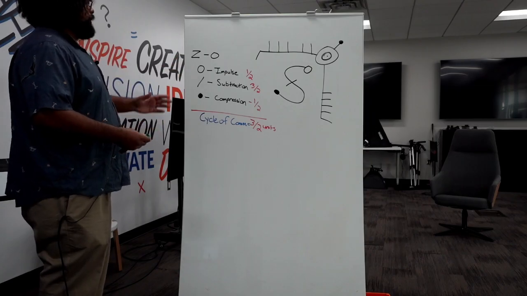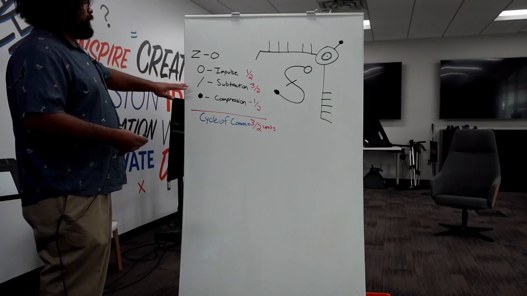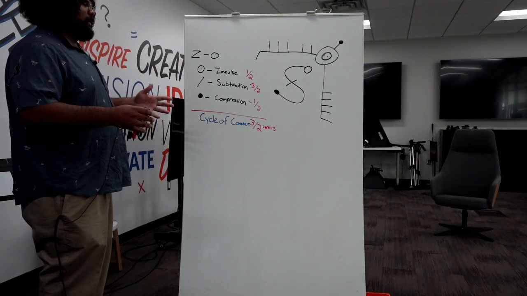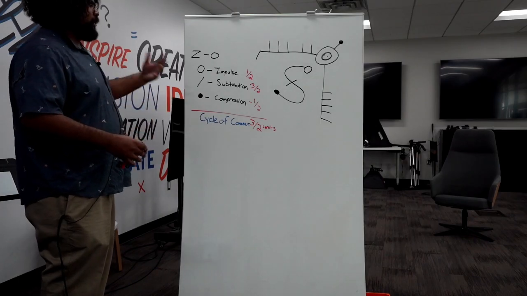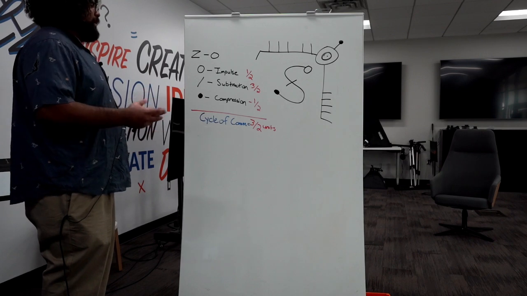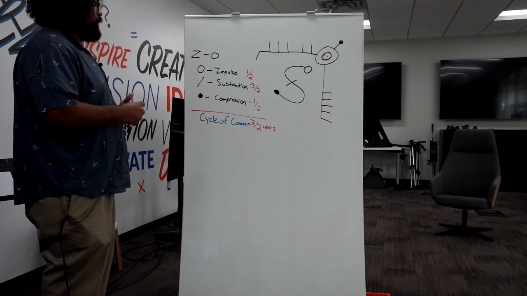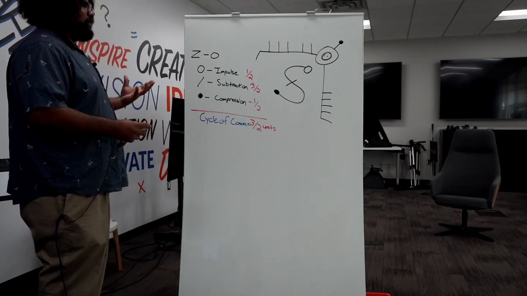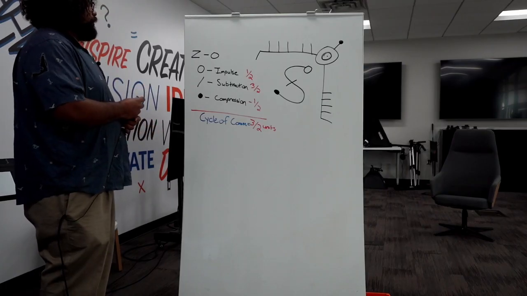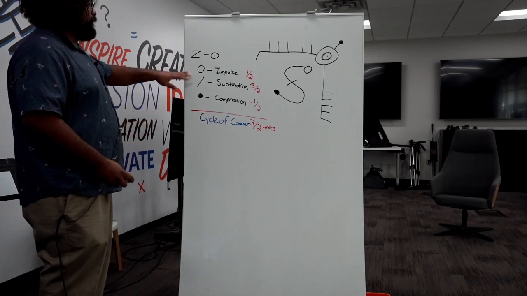Maybe there's not enough impulse going on, maybe there's too much impulse, maybe the subtraction is dealing with too much information, or maybe the compression just isn't happening. And those very loosely can be indicative of some kind of imbalance. Maybe there's some kind of medication or adulterant, maybe there's fatigue, or there are any number of things that can influence these.